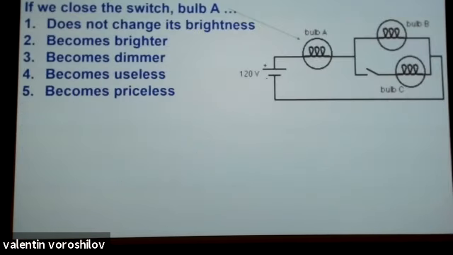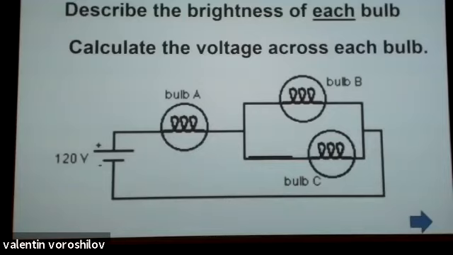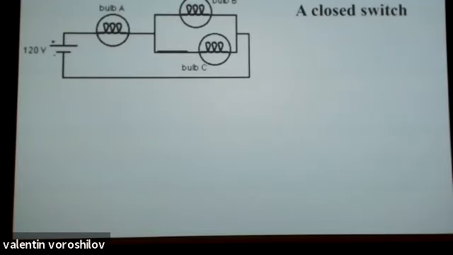Well, these are answers, and we just finished it. With this closed switch, I would say the brightness of A is greater than the brightness of B, but the brightness of B and C is the same.